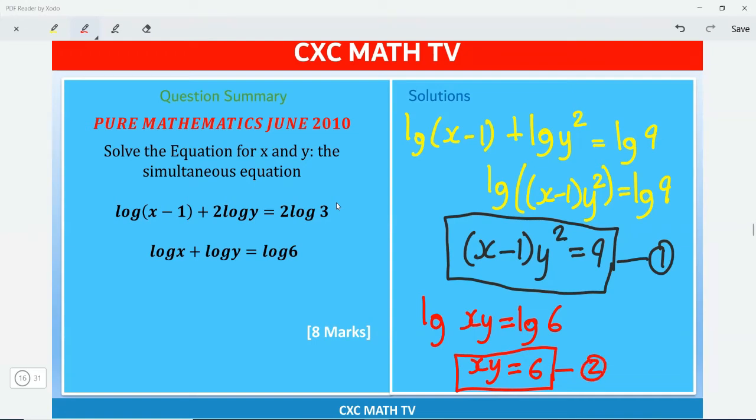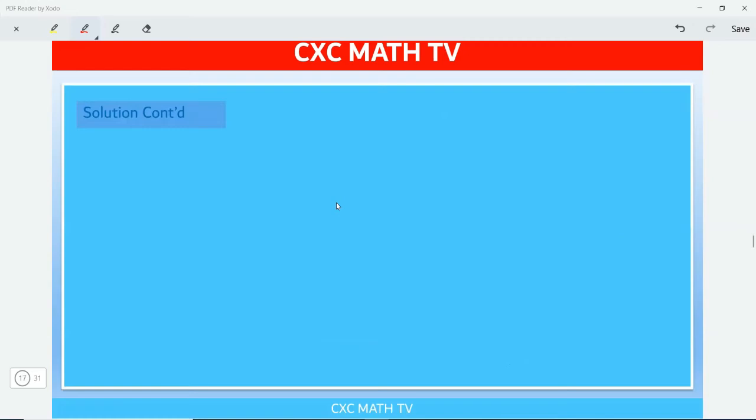From equation 2, I'm going to make y the subject. If we divide both sides by x, y is equal to 6 over x. We're going to sub y equals 6 over x into equation 1.